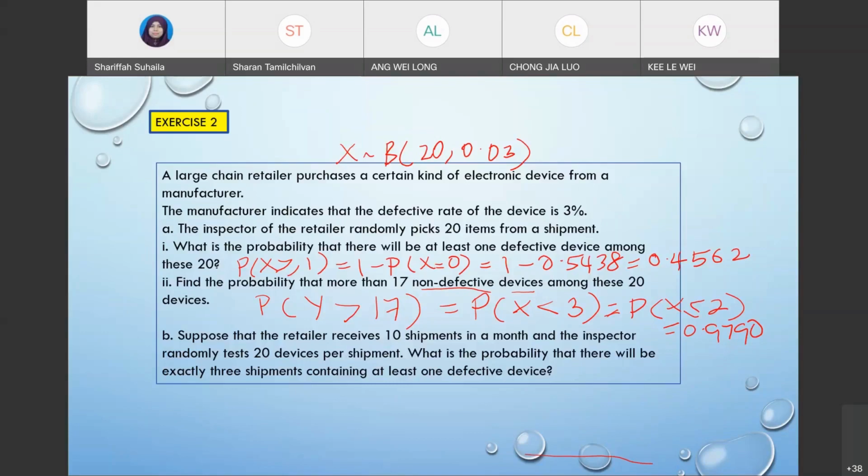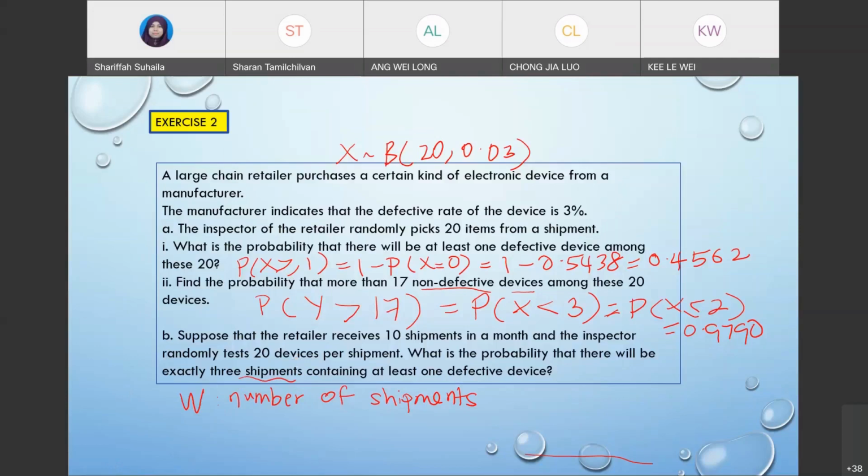For example, we define another random variable. Before this, we just asked about the number of defective devices. So this one, let's use W. W represents the number of shipments, because the question asks for exactly 3 shipments.